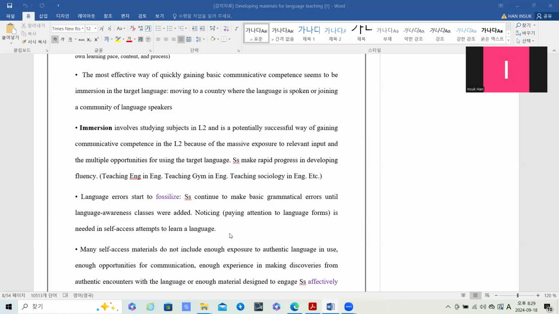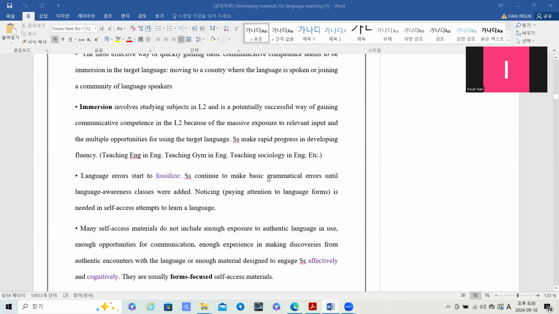So the language teacher sometimes can write down some common errors that his students make on the blackboard or PowerPoint materials and modify them explicitly by explaining or adding some grammatical rules.